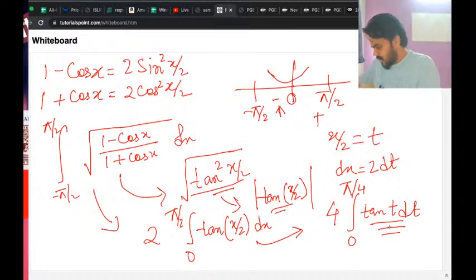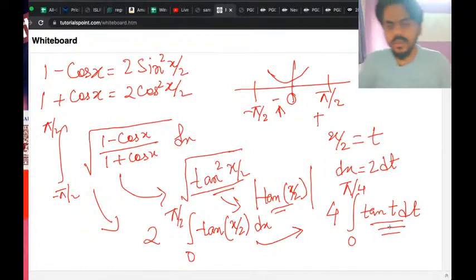So integration of tan is log mod of sec x. Okay.